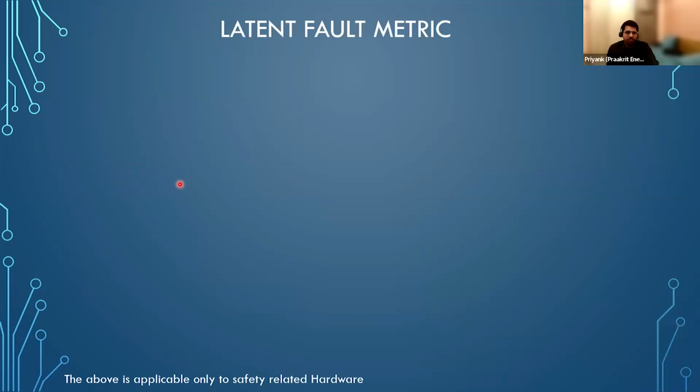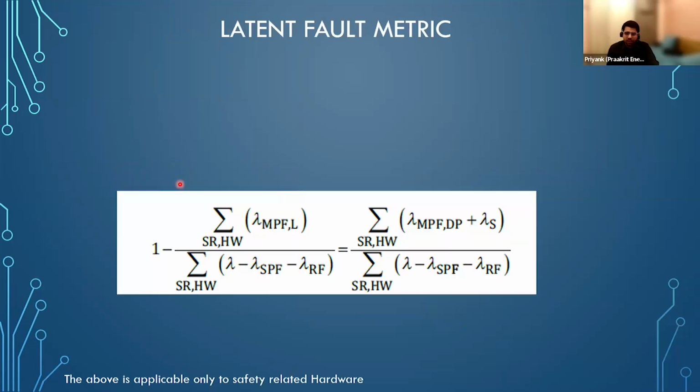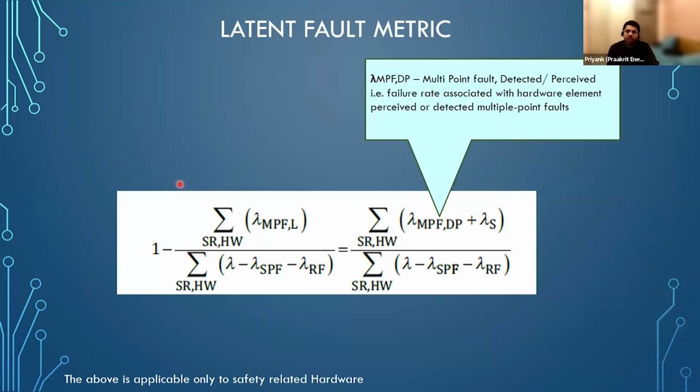Similarly, LFM is called latent fault metric, and it is calculated using this formula, wherein MPF is multi-point faults, and DP means detected/perceived, which means these are the failure rates associated with a hardware element with perceived or detected multiple point faults.